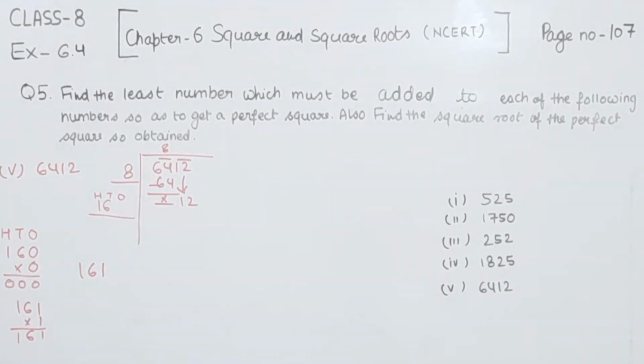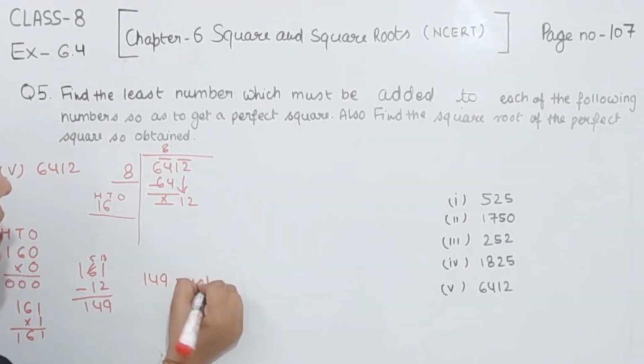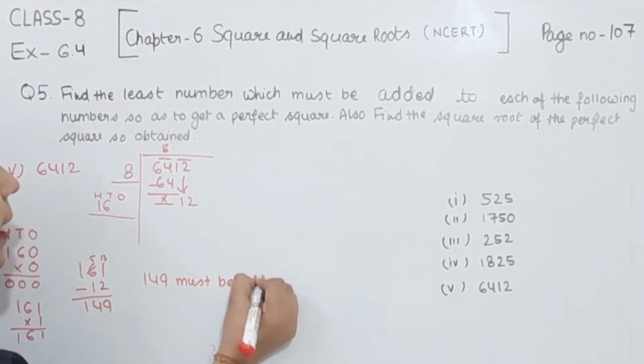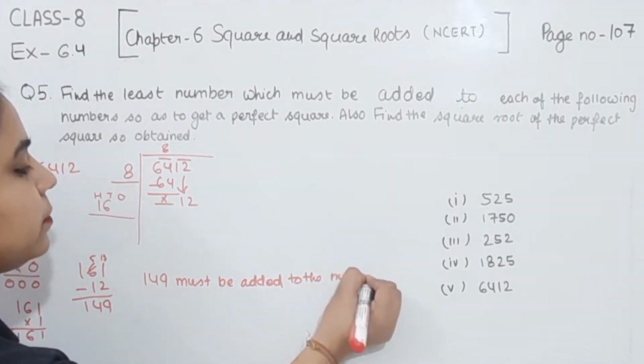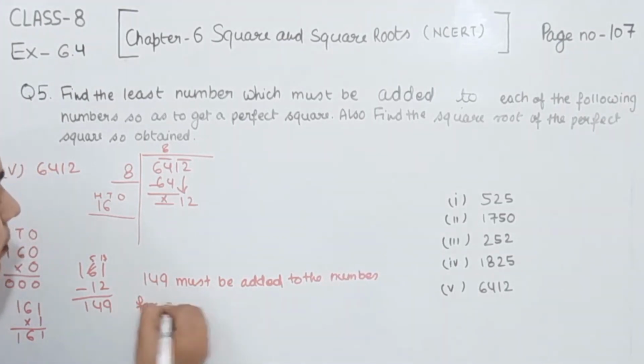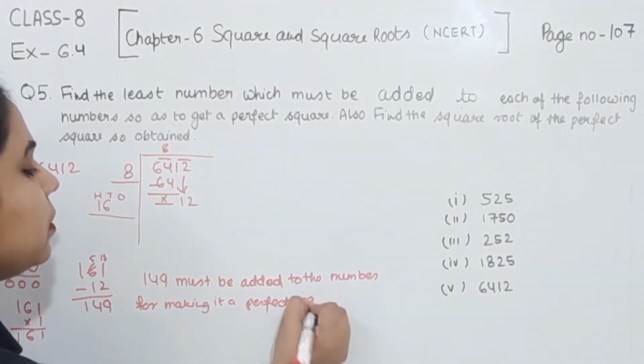Now for reaching this one, how much we have to add? First of all, we are going to subtract this one here. So I'm going to get the number. This one we are having 11, this is the 5, 1, 4 and 11 minus 2 we are having 9. So we have to add 149. So I'm going to write here 149 must be added to the number for making it a perfect square.